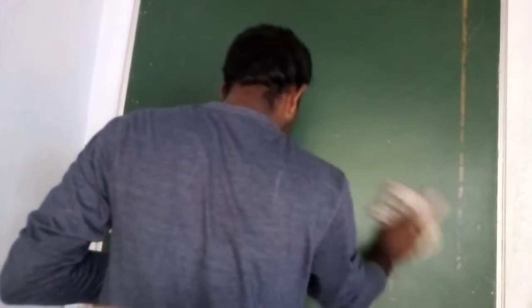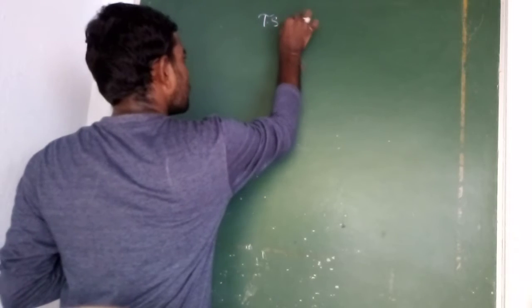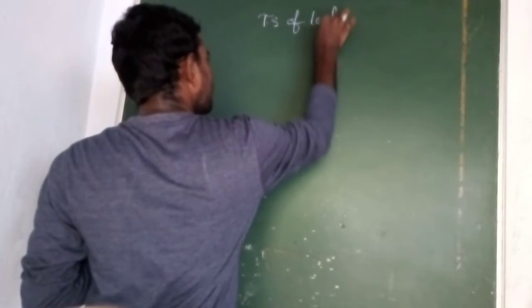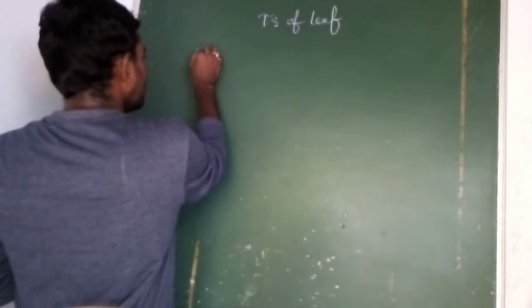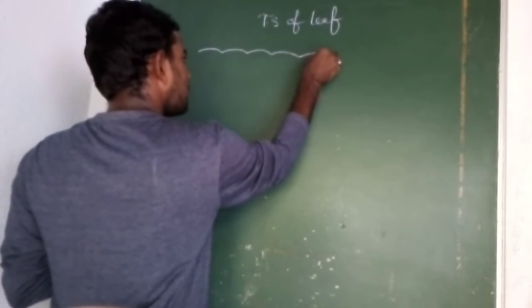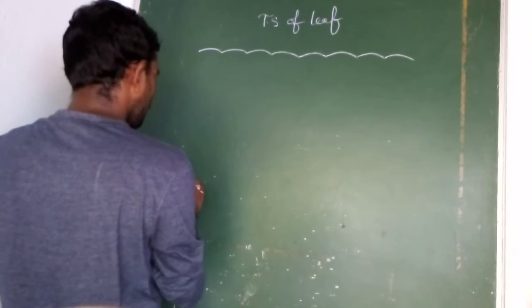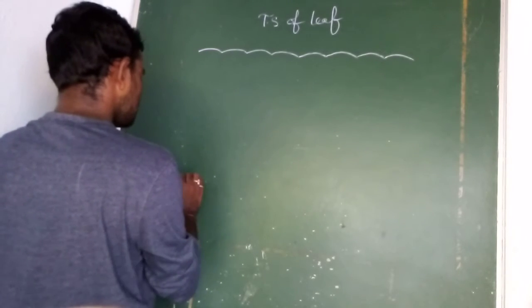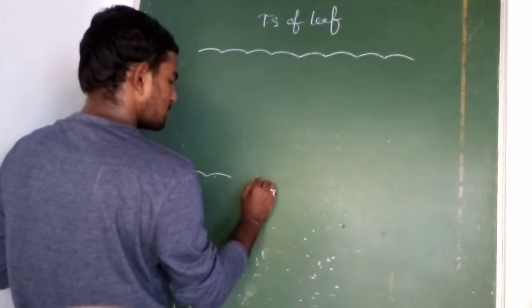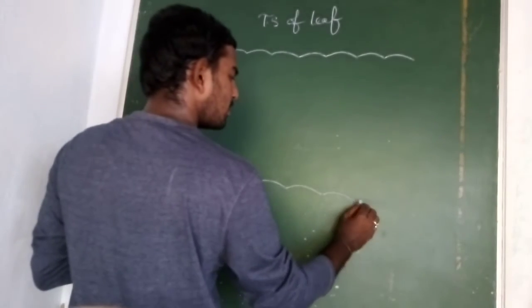Transverse section of leaf. This is very important, the 4 marks diagram. The TS of leaf consists of upper epidermis and lower epidermis.